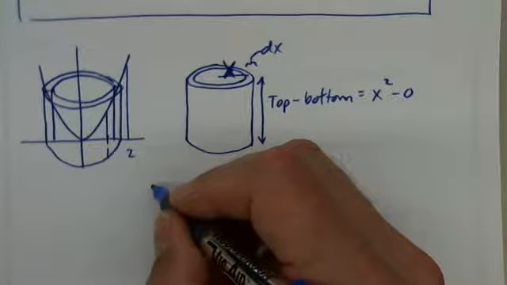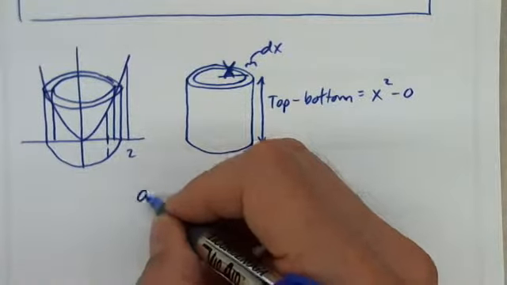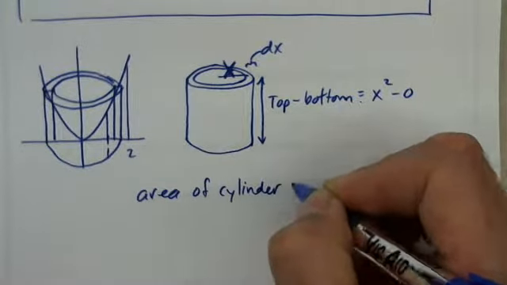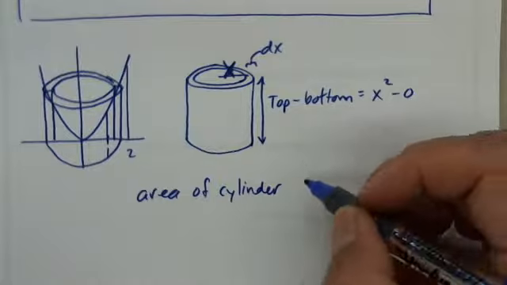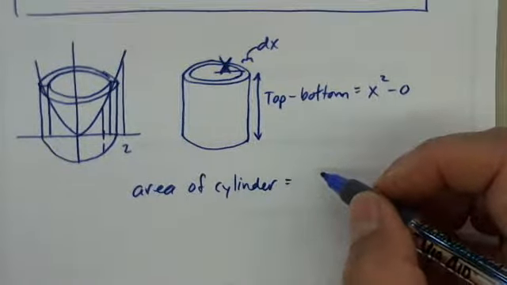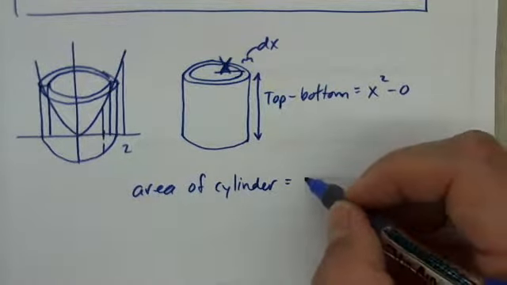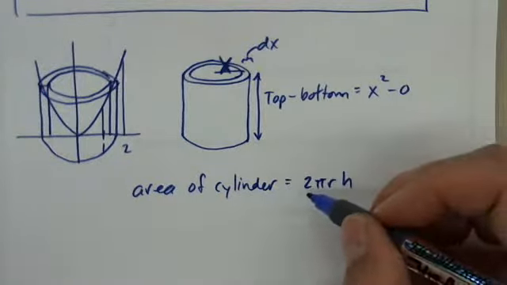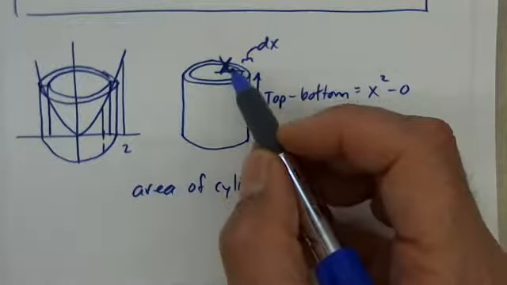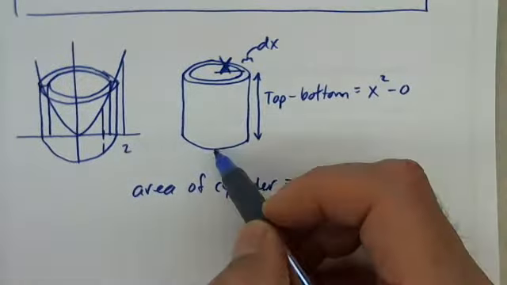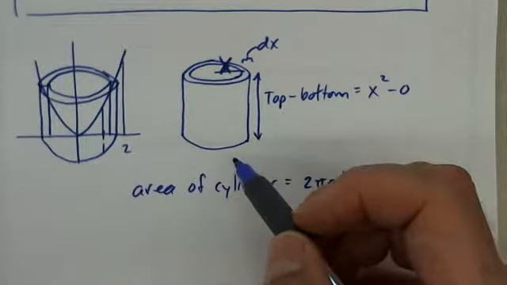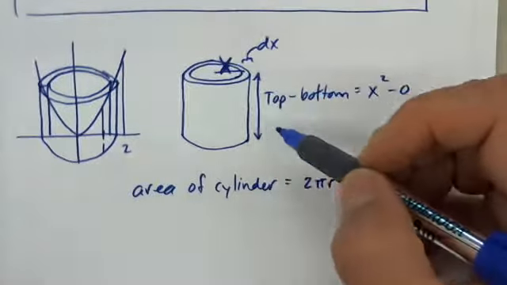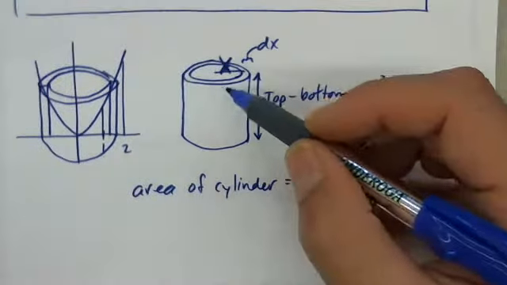If we have the surface area of the cylinder, the surface area of the cylinder is going to be 2 pi r times h. 2 pi r is the circumference, and if we cut this cylinder and then unrolled it, it would be a rectangle, and the length of the rectangle would be the circumference.